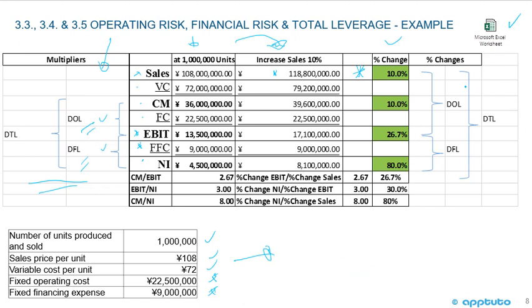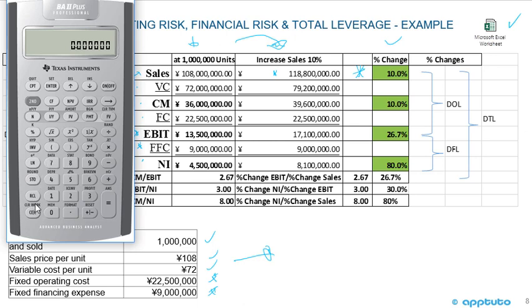So then moving over here to the right-hand side, you can see if the units increased by 10%, then I'll just bring up my calculator. So we started with 1 million units, and we're going to increase by 10%, so I'm going to multiply by 1.1, so my number of units would be 1.1 million. And then here, I'm just going to rerun the contribution margin income statement at 1.1 million units. So multiply by the selling price, 108 yen, and that's how I've got the 118,800,000, okay?